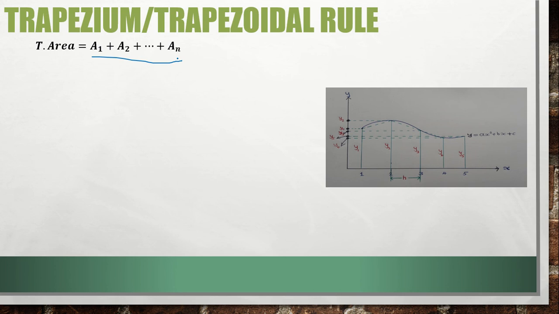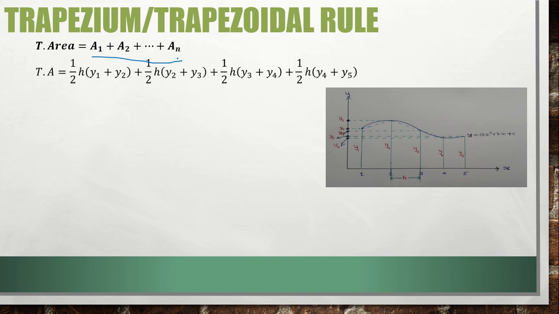Now, how do you subdivide each of those parameters a1, a2 up to an to get our formula? We'll appreciate that the first trapezium, its area is here, a1, a2, a3, and then a4. It is simply the same format. So I believe you can follow slowly.